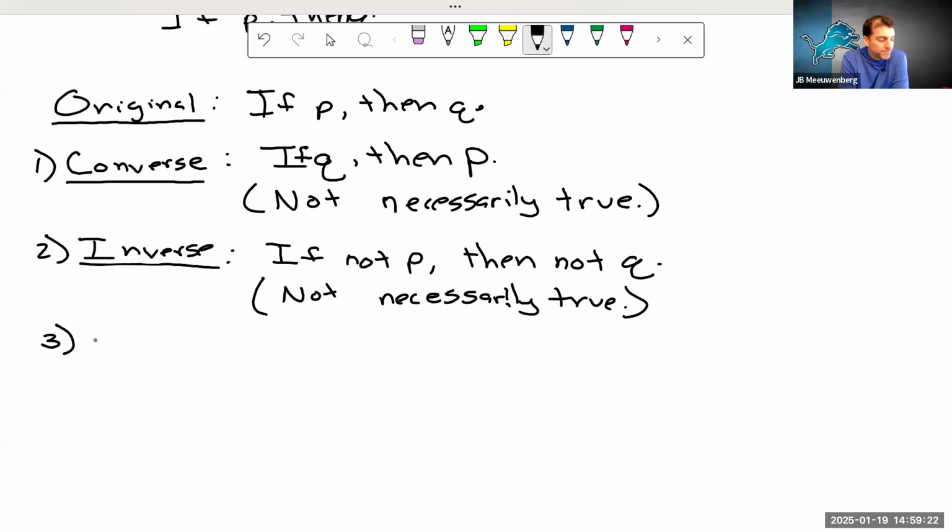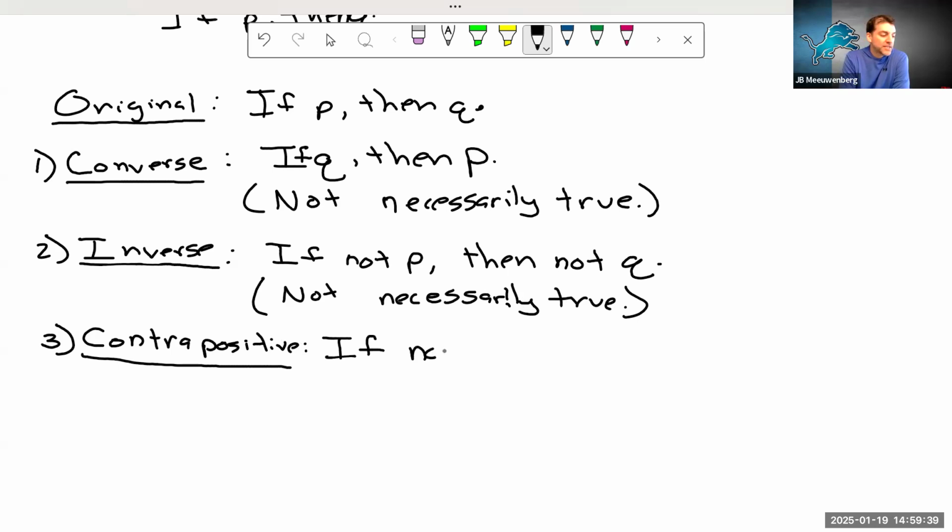The third is what we call the contrapositive. It's a fun word. Contrapositive. And the contrapositive statement looks like this. If not Q, then not P.